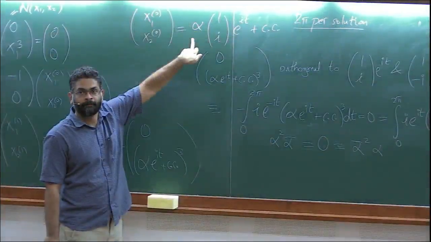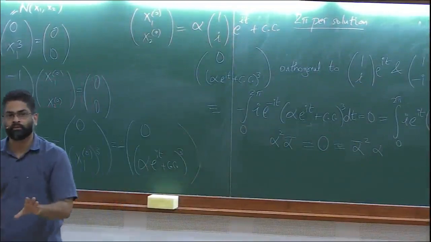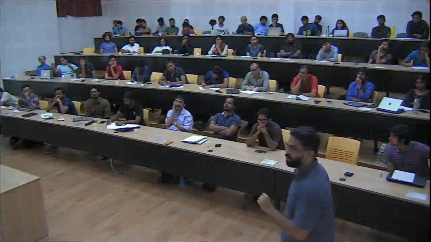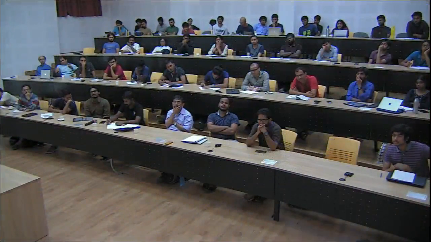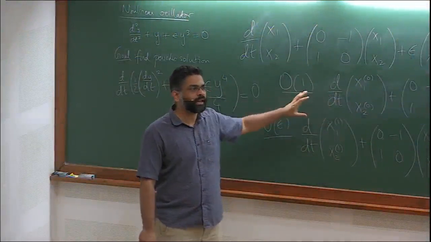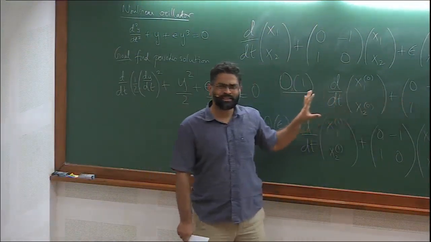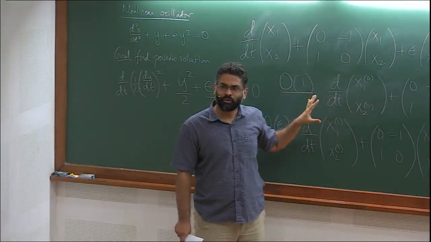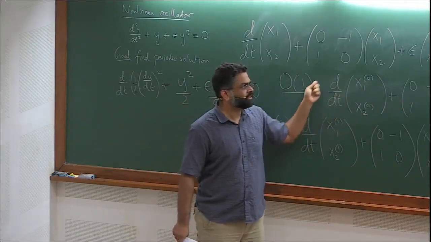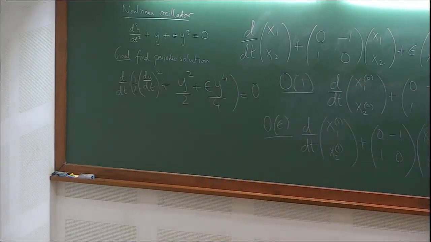Okay? Now, just imagine, what would happen if it was alpha of t? Well, it should still satisfy the order 1 problem. If it was just generically alpha of t, it won't actually solve the order 1 problem, because this time derivative will also act on the alpha.